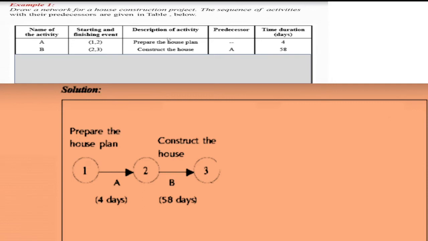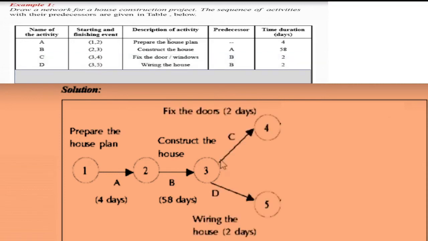Since activity B can be started only if activity A is true, here is the representation. So B is now placed here, and the events are from event 2 to 3, and I also write 58 days.